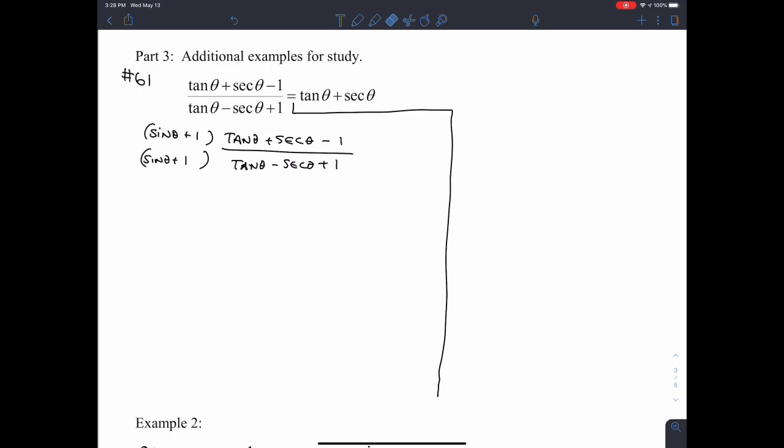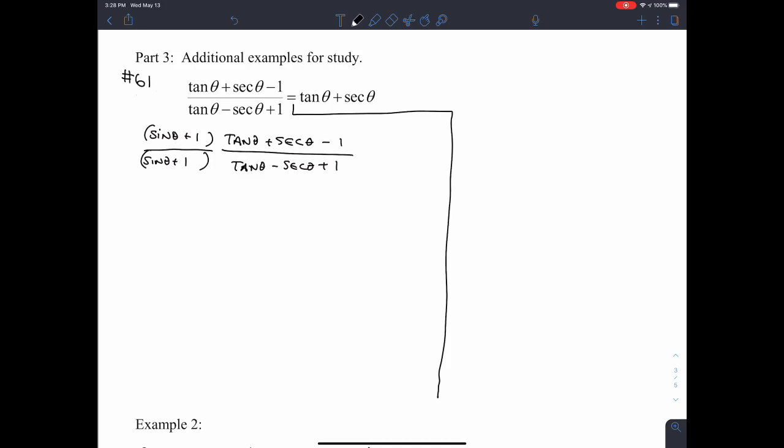So a couple things are happening. First of all, our numerator is actually complete. This sine theta plus 1, we're going to want to keep that there the entire time. In the denominator, we're going to try to generate a cosine theta eventually. So let's see if we can do that.